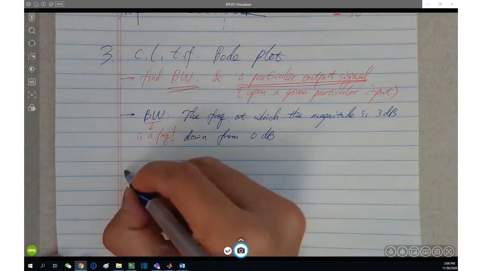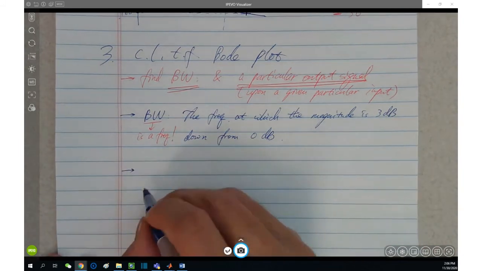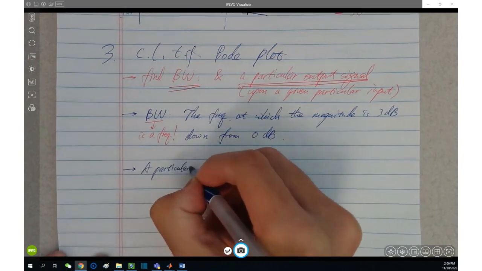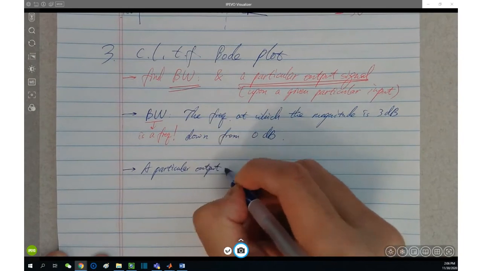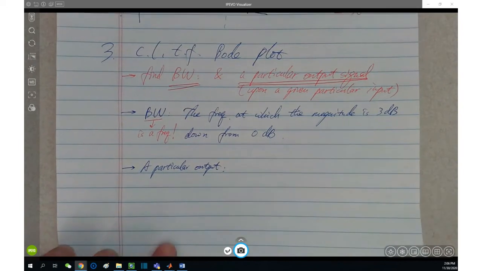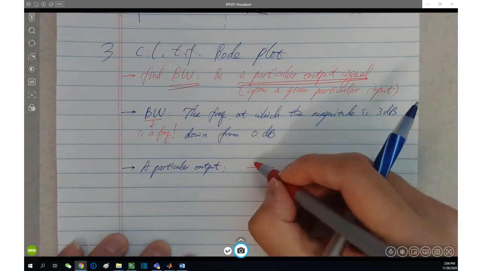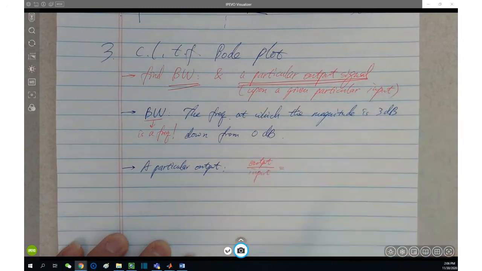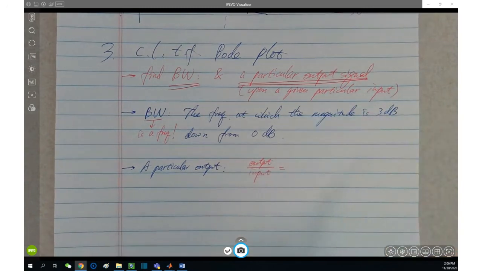And the second thing, we can find a particular output. How to do this? This is actually based on a simple fact, right? Output over input equals what? Gain. We call it gain in 318 or 358, but in 360, what do we call it?